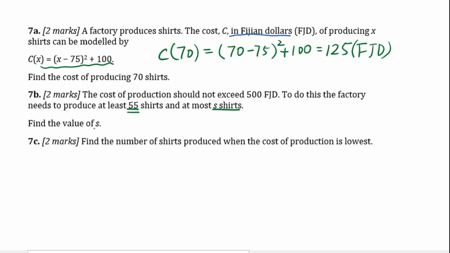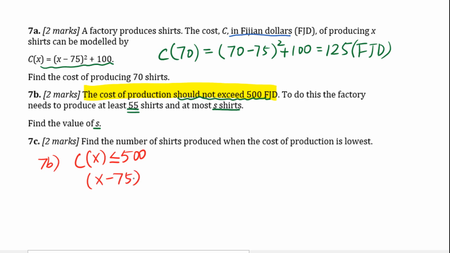Find the value of S. According to this, the cost shouldn't exceed 500 dollars, which means C(x) is less than or equal to 500. We need to solve this inequality. C(S), we know that is (x − 75) squared plus 100, less than or equal to 500.